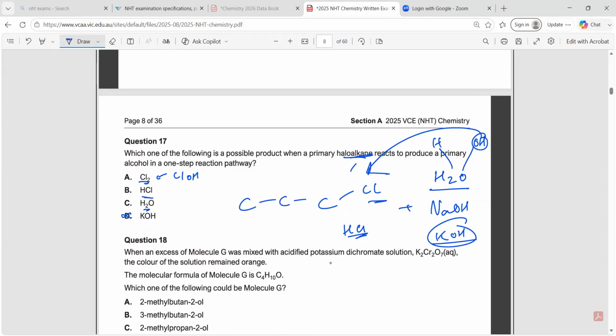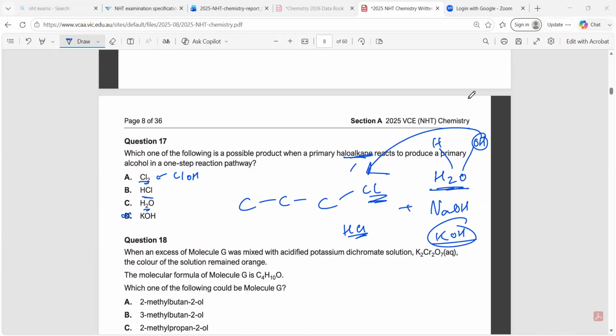Hmm, an interesting one. Possible product. I think, out of all of these, yeah, I'm not too sure. So water, I would say, is the most likely out of all of these, right?